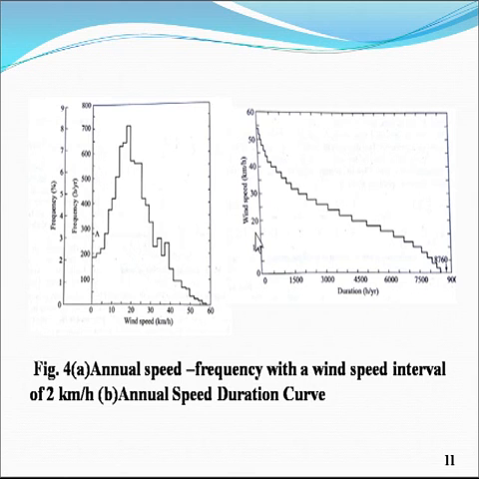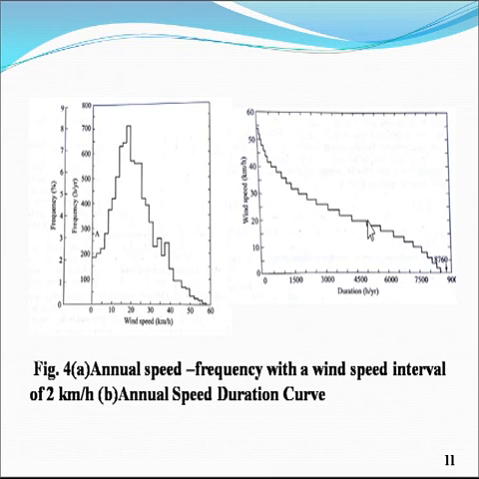Now this wind distribution curve is converted into the wind duration curve by dividing it into a number of strips and arranging those strips in descending order.